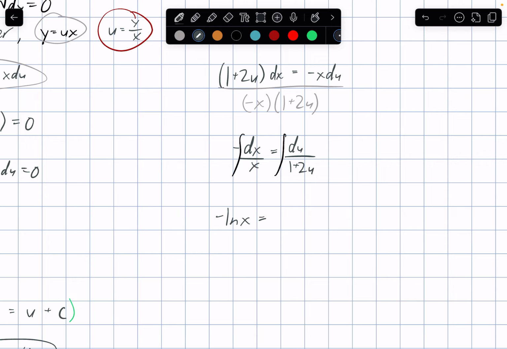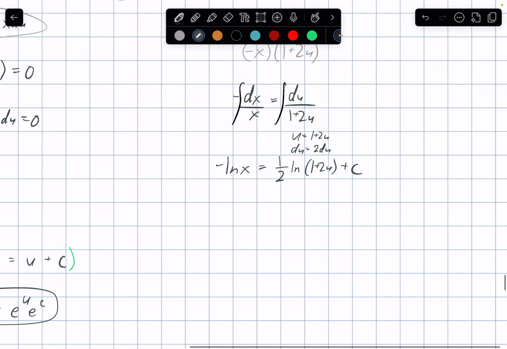Negative ln x equal to, let's try u, 1 plus 2u du, therefore is equal to 2 du. Okay, yes, it fits. Ln 1 over 2 u plus c. Okay, and then we can rewrite this as ln quantity 1 plus 2u raised to 1 half plus c.